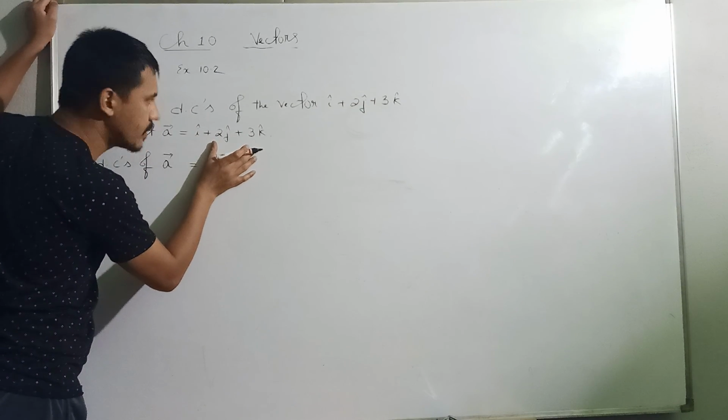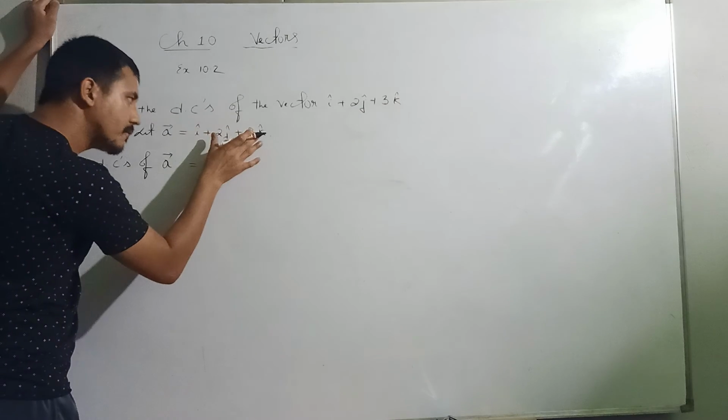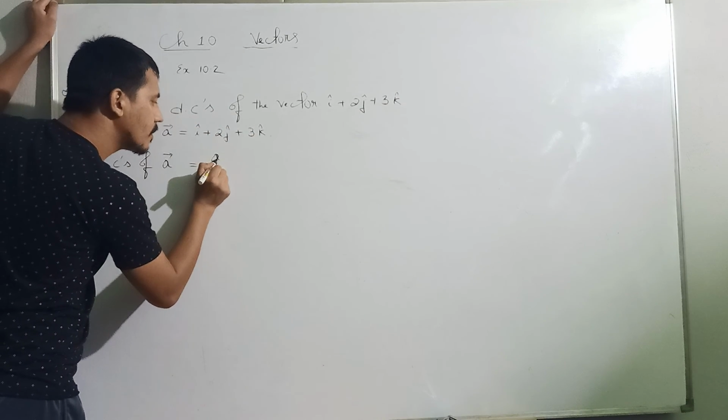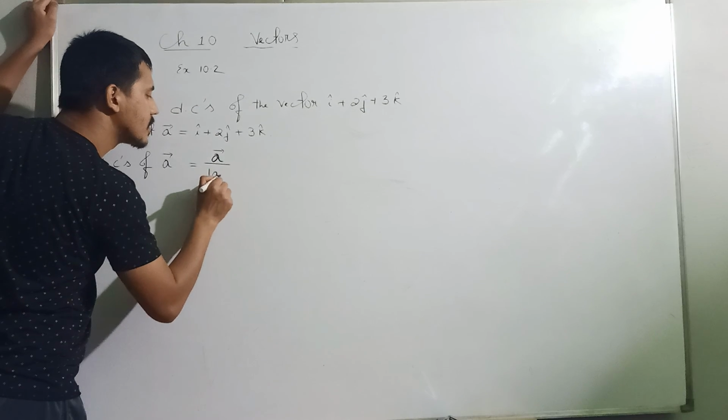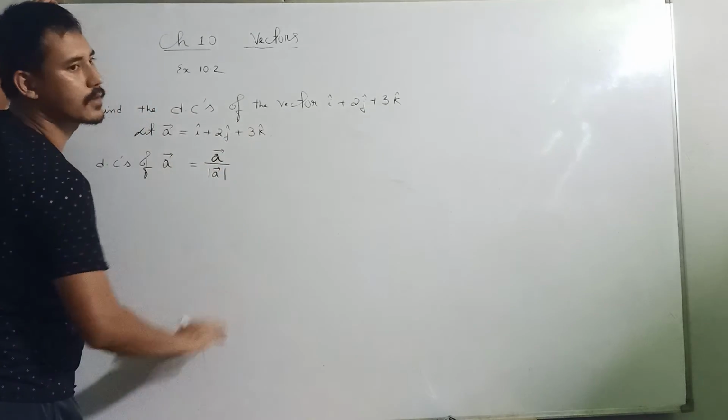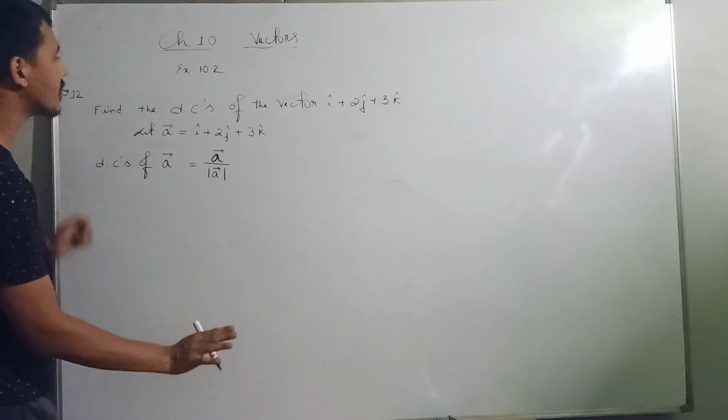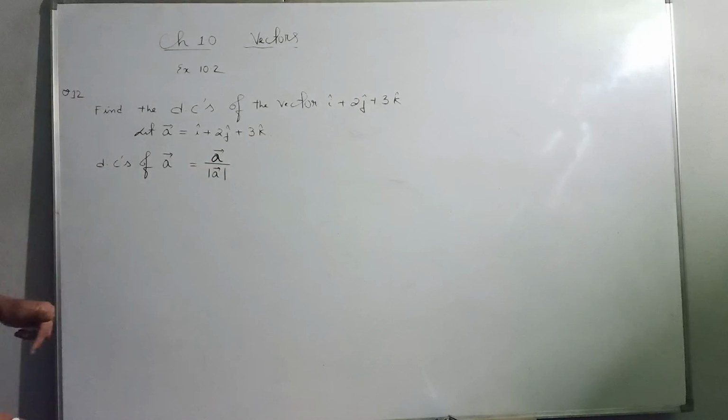Now this is a single vector. Our direction ratios are x, y, z.